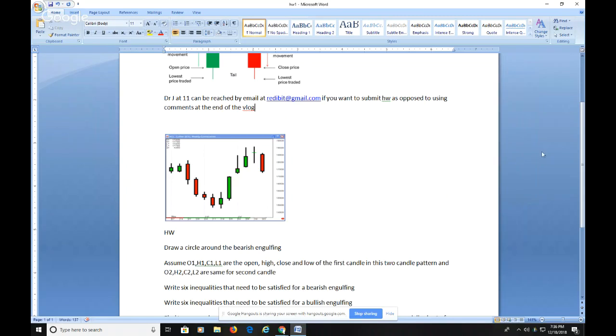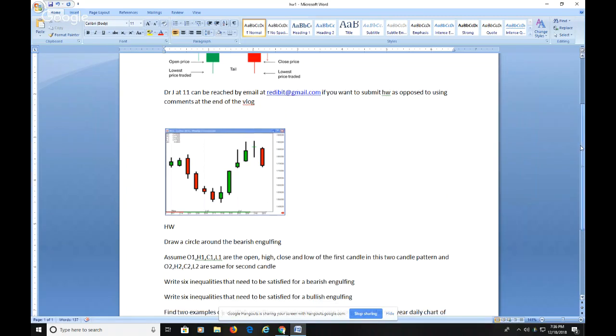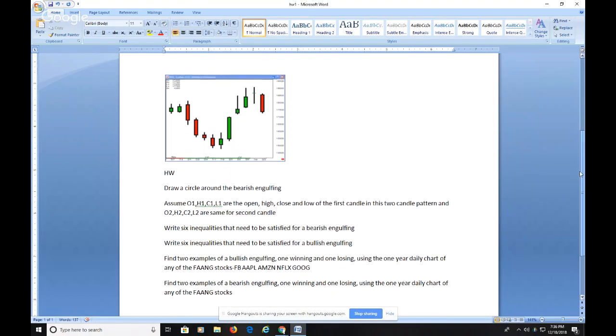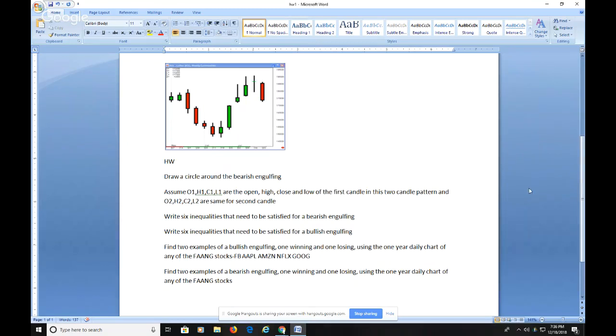And I asked you, for homework, to mathematize the conditions by writing 6 inequalities that need to be satisfied for a bearish engulfing and a bullish engulfing. I've gotten some nice explanations that are correct, but not using the mathematical notation. So I'm still waiting on that.